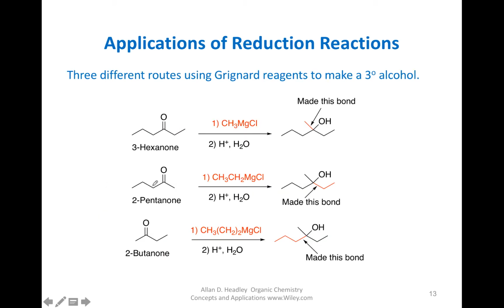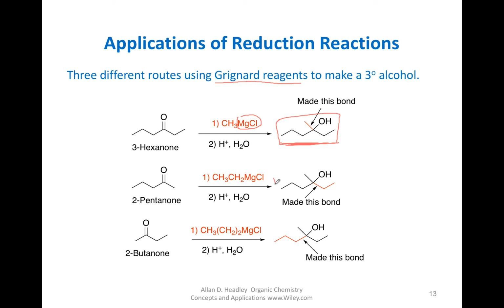Let us look at further application of using the Grignard reagent. Notice when I say Grignard reagent, it's just a specific one, but it could be any organometallic; the Grignard is specific to magnesium. So let us say that you were asked to make this target molecule.